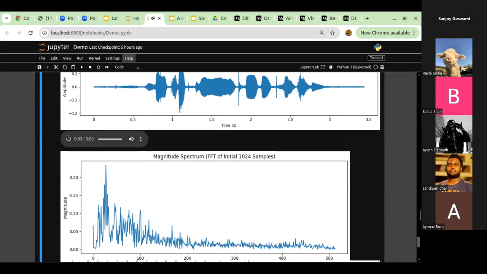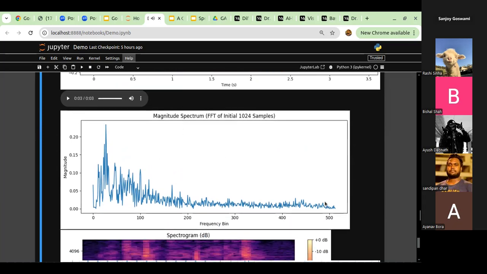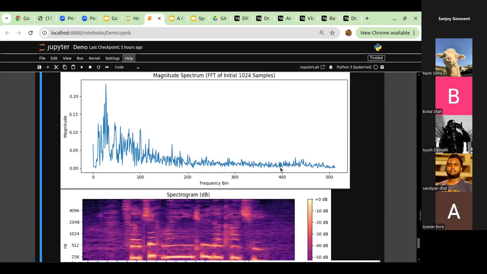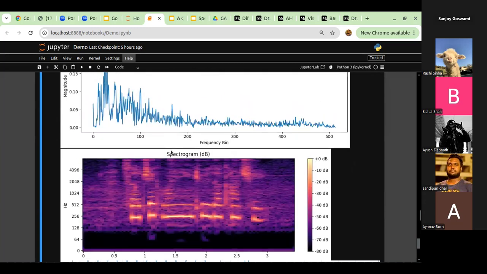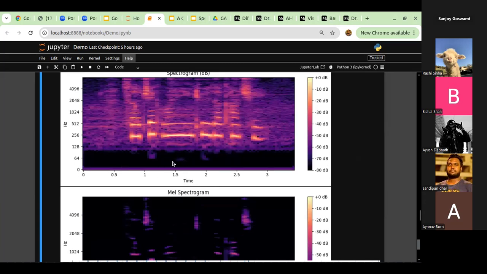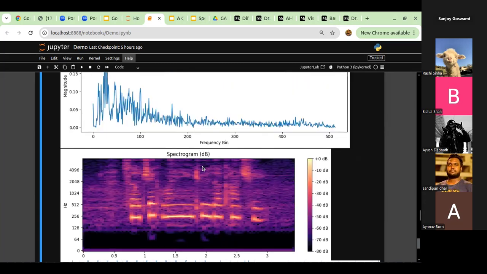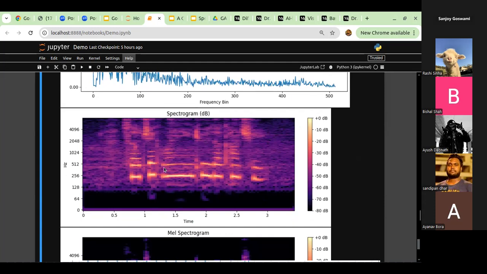You can hear this sound at least, because it has very high frequency regions. Now this is a spectrogram. As I was saying, in a spectrogram you get the time as well as the frequency associated with every time instant, and also the magnitude.